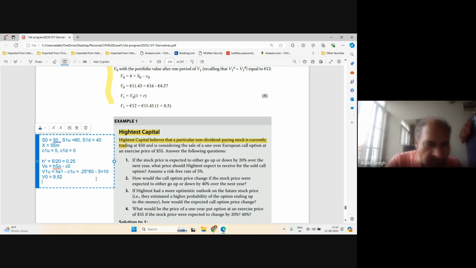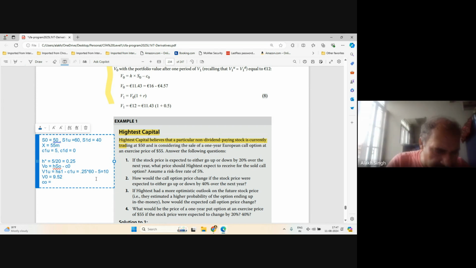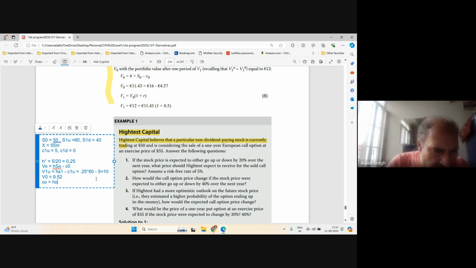We had this formula: C0 is equal to H times S0 minus V0.